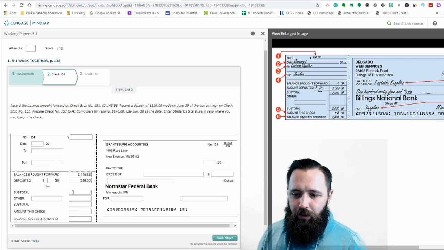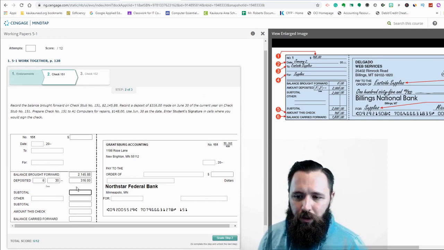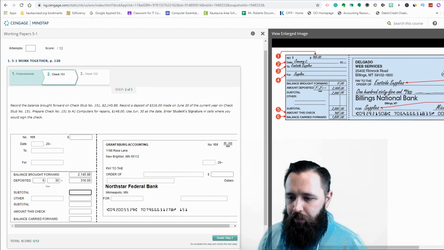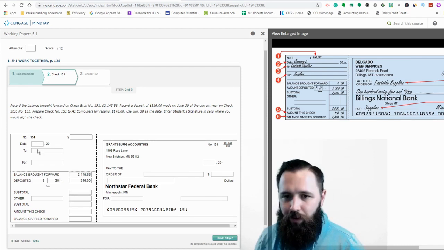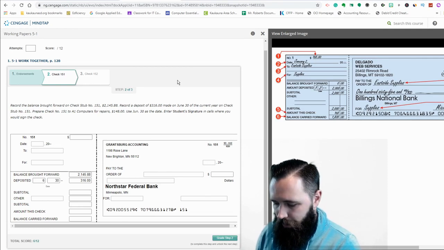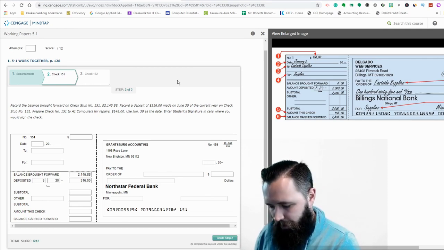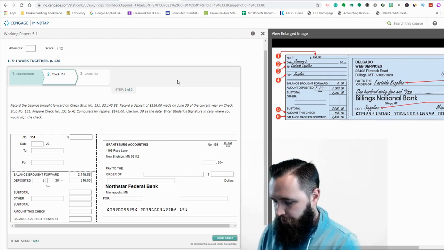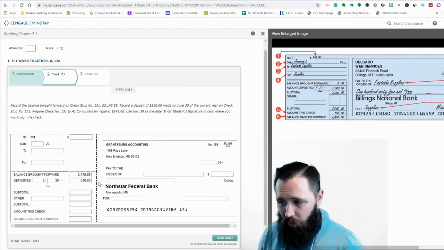So the next thing we have to do is put in our subtotal. Now the subtotal is going to be the balance that's brought forward plus the $316 that we had. So I'm going to pull up a calculator here. I'm not going to put it on the screen, but let's just add it up. 2,145.88 plus 316 is 2,461.88.